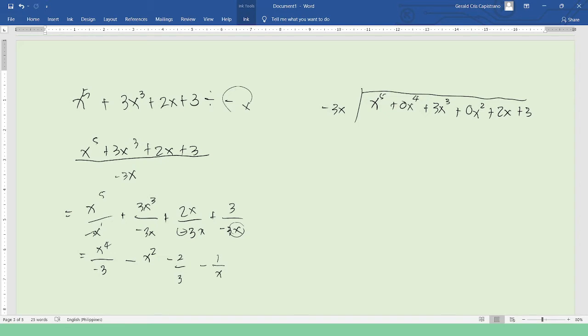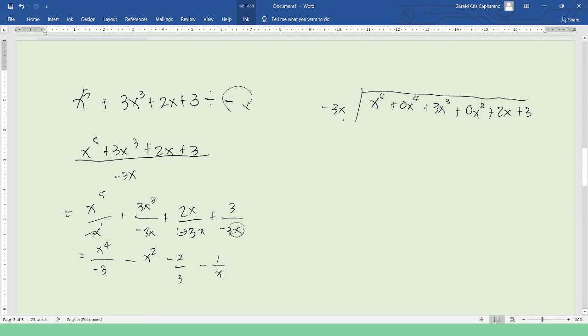So, paano na to? Okay. So, mapapansin nyo dito, ang kailangan lang natin gawin, kailangan lang nating manegate itong x raised to 5.